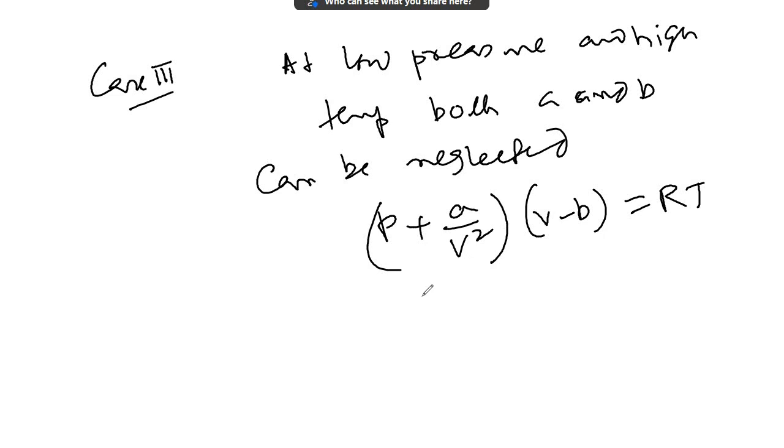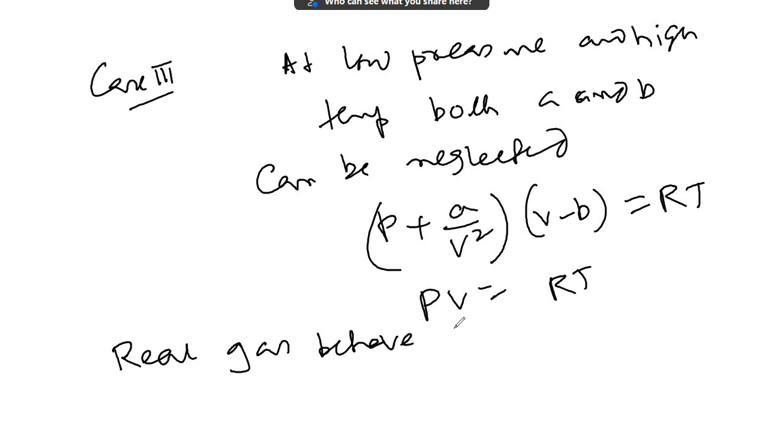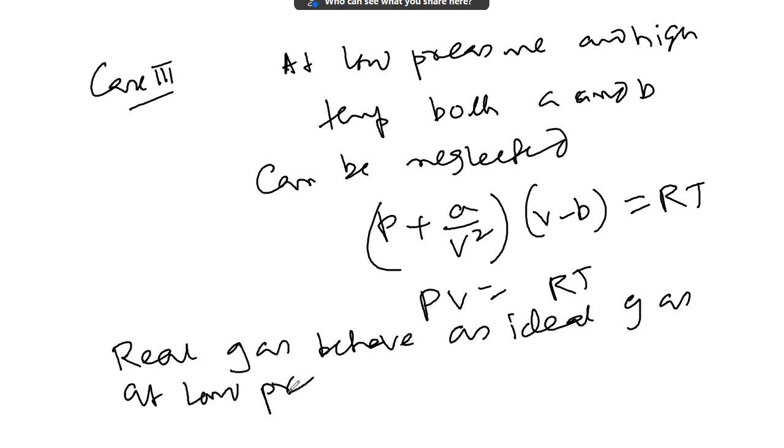If I neglect both A and B, it becomes PV equals RT. So a real gas behaves as an ideal gas at low pressure, where the force of attraction decreases to a minimum, and at high temperature, where the volume occupied by the molecules is negligible.